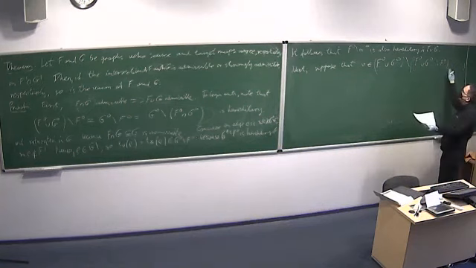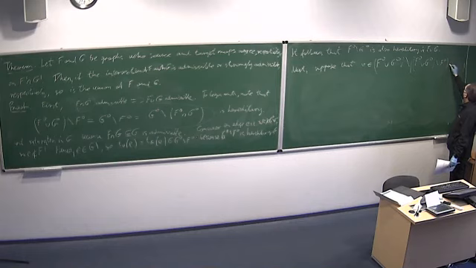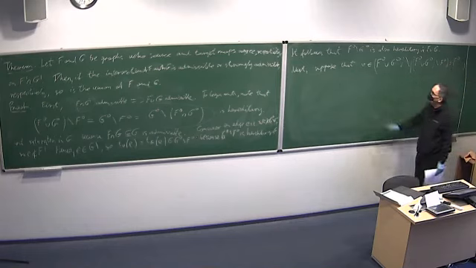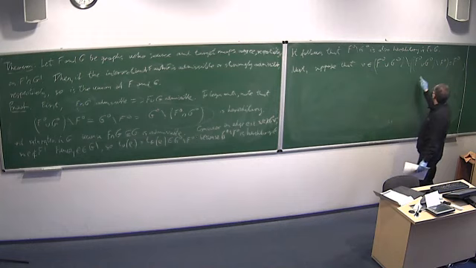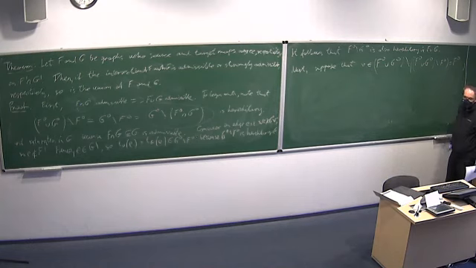But this is like taking a double complement, right? The complement of a complement is the set itself. So this is just equal to F naught, right? And now I suppose that it is a regular vertex which emits all its edges into this set, okay?